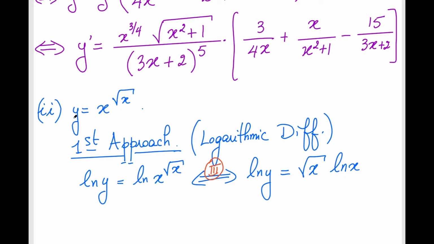Look here, I'm not talking about where this function is defined, even though we can, but we're not talking about where it's defined. What we're doing is, whenever y prime is defined, we need to find it. So for example, here the function is not defined when x is less than 0. Even when x is 0, this function is not defined.